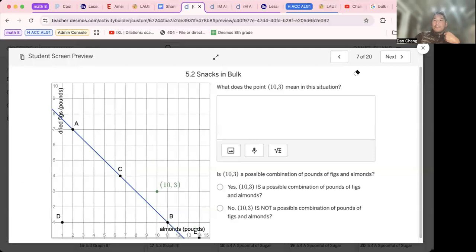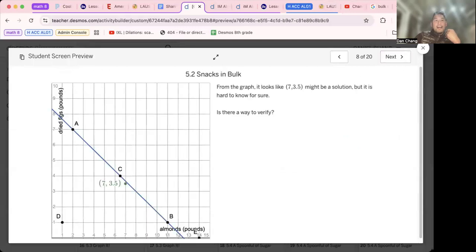And if you notice on the next slide, when you get a combination of pounds of figs, pounds of almonds that are below your line, like 7, 3.5, this guy, or maybe a point like 7, 3 right here, those would actually be less than your budget.